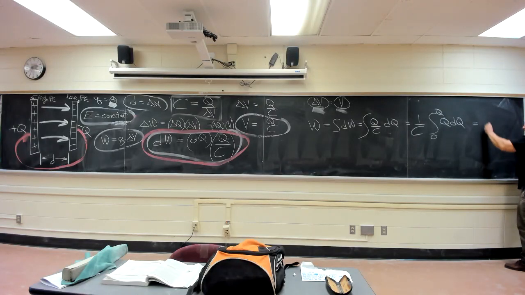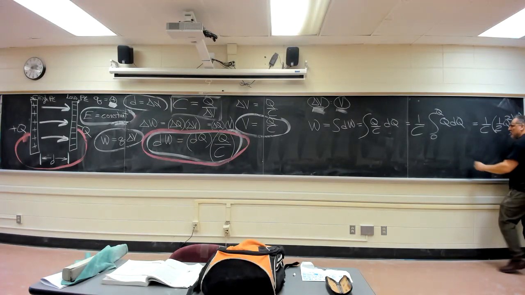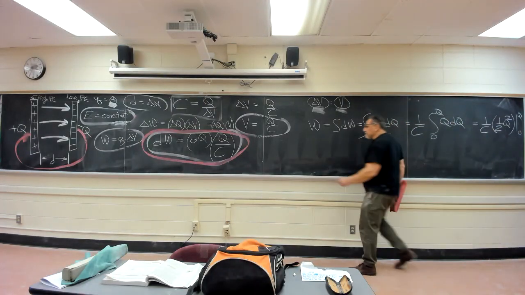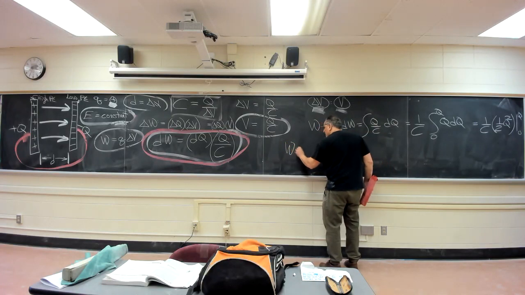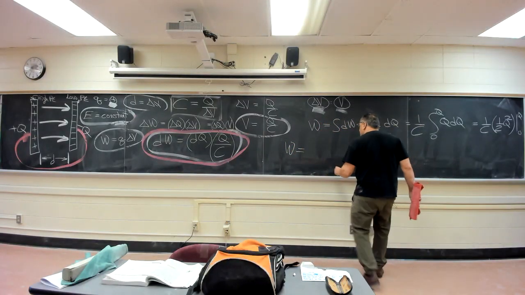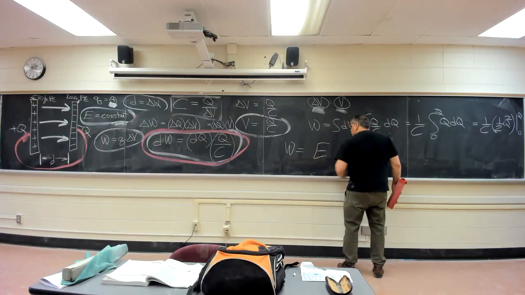You integrate this, you got 1 over C, 1/2 Q squared from 0 to Q. It's equal to the work that you had to do, which is going to be the energy stored in the capacitor.